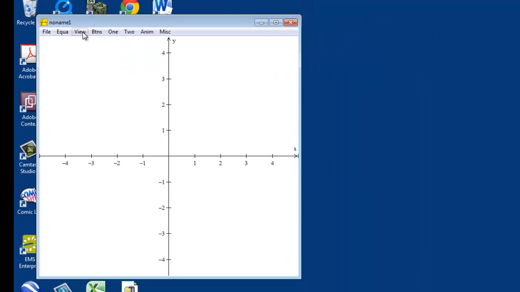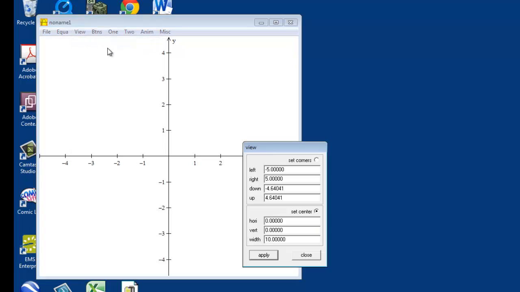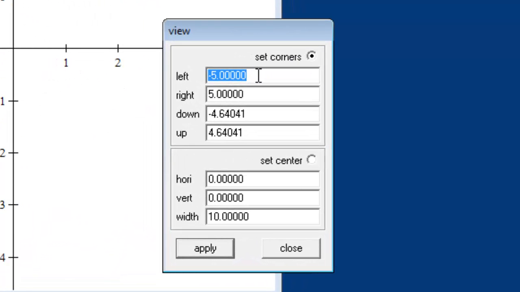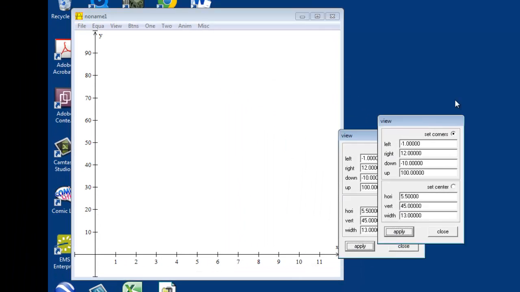We're going to reset the window, view, set the corners, so it matches the window that we used in our calculator. Let's see, minus 10 and 100. We'll apply. That looks good.